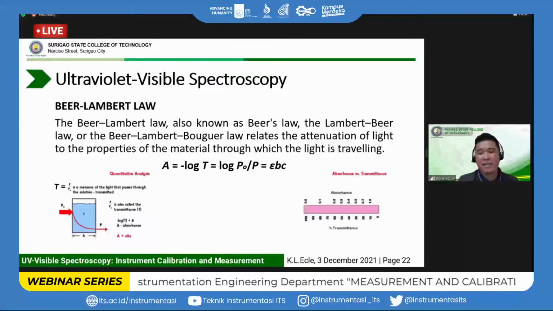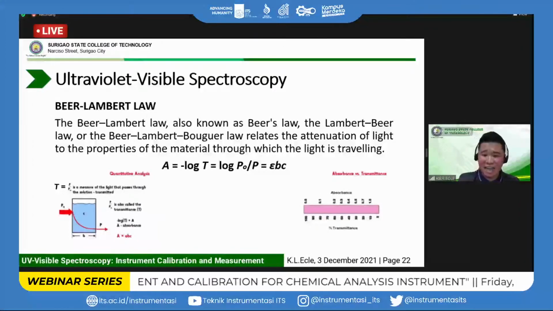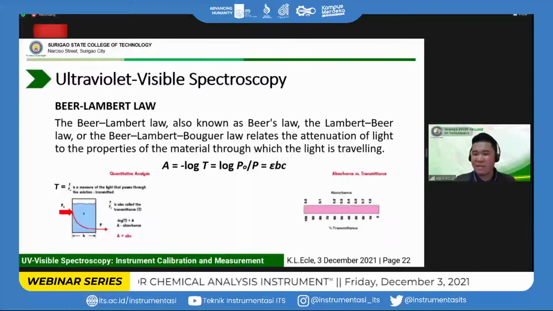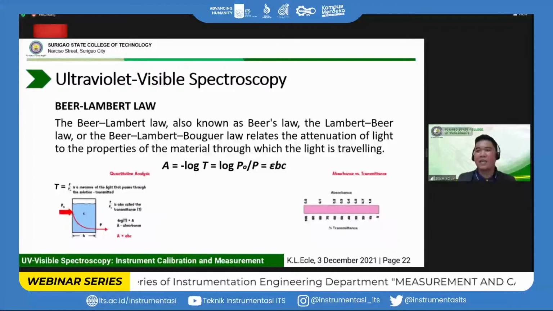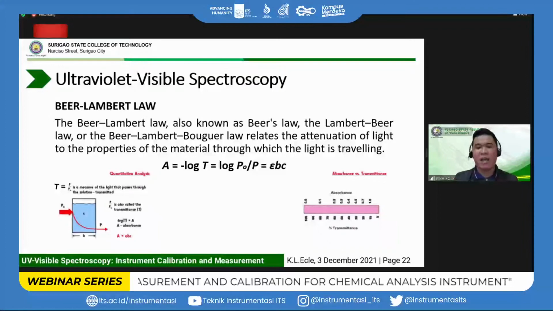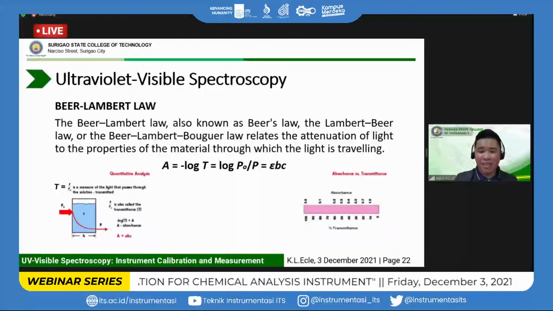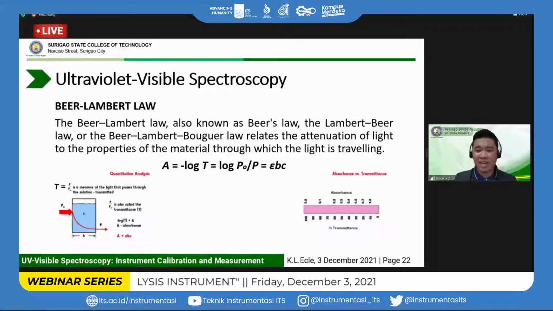spectroscopy? Because if you could only get the data value using the transmittance, the type of data that you get from the UV-Vis spectrophotometer, you could not get the calibration curve, because it will not display linear data, but an exponential curve.